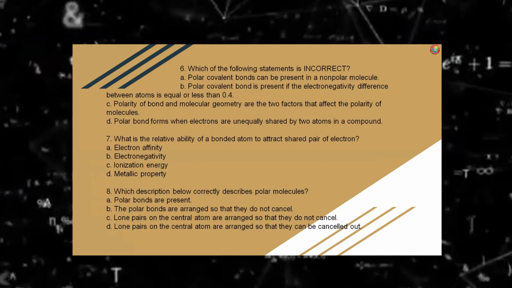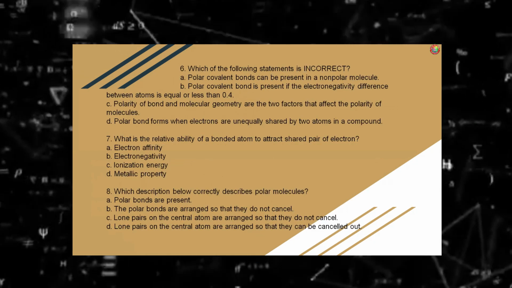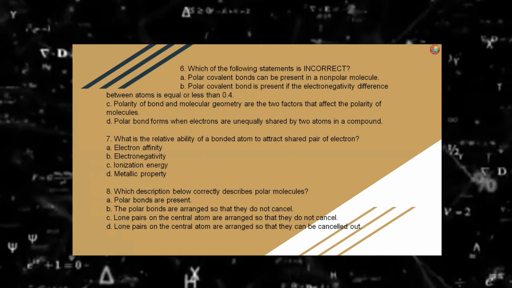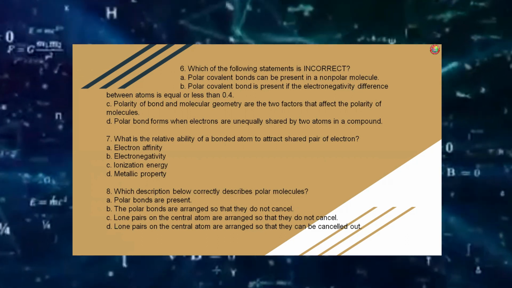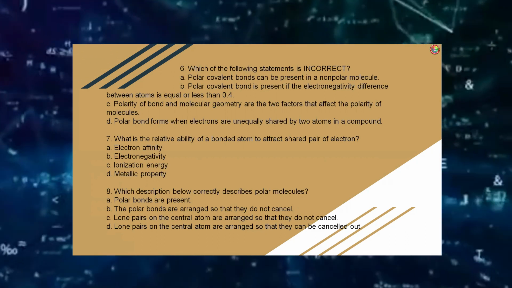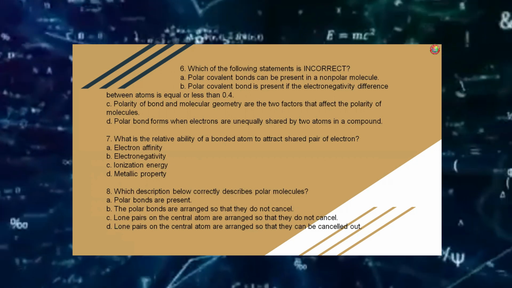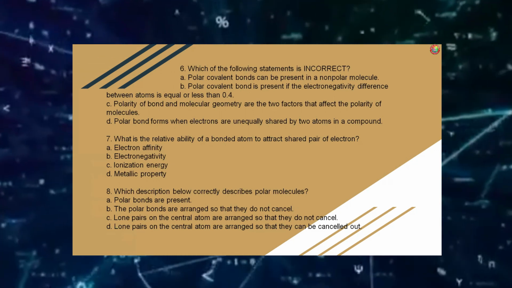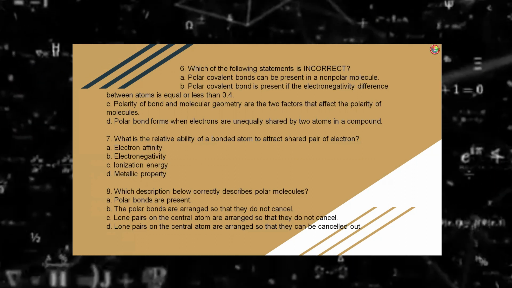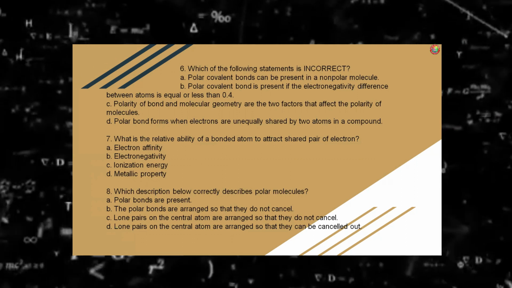6. Which of the following statements is incorrect? A. Polar covalent bonds can be present in polar molecules. B. Polar covalent bond is present if the electronegativity difference between atoms is equal to or less than 0.4. C. Polarity of bond and molecular geometry are the two factors that affect the polarity of molecules.